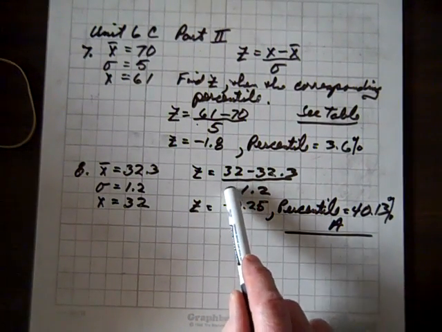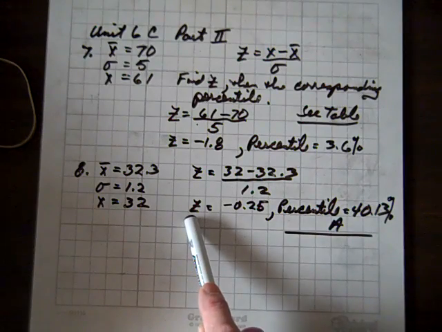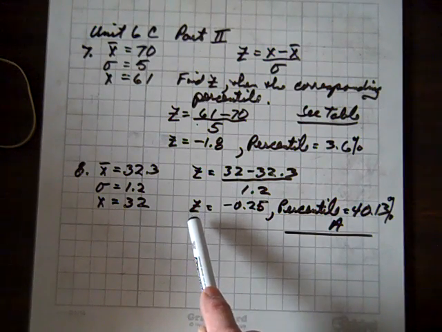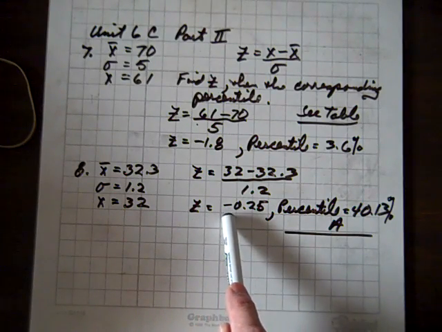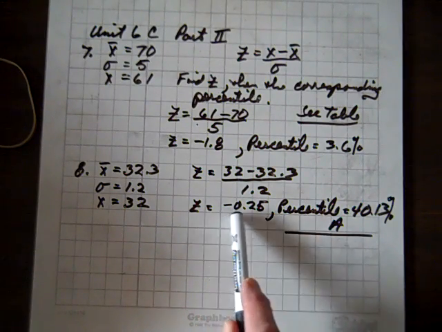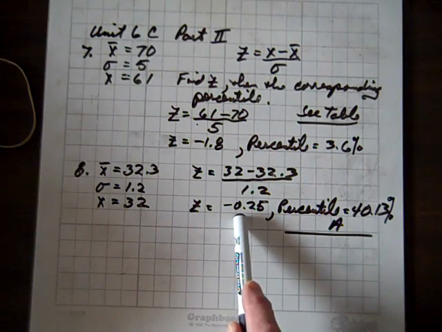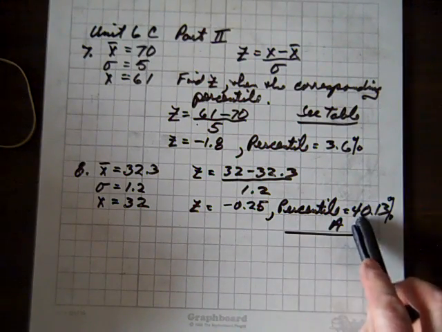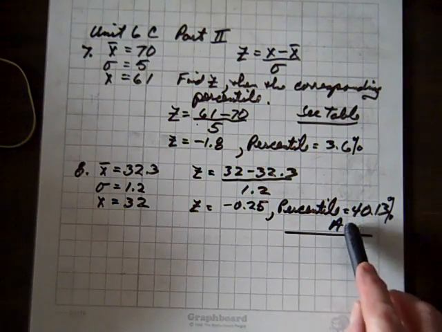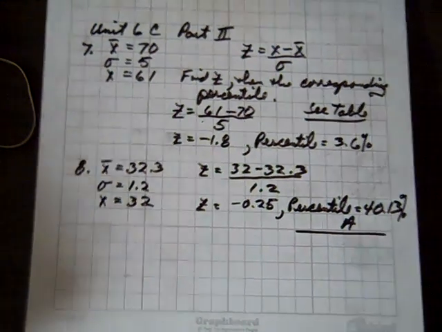So we can find the z, the number of standard deviations below the mean, and that's negative 0.25, meaning we're below the mean, and the corresponding percentile for that is 40.13%, and that's selection A.